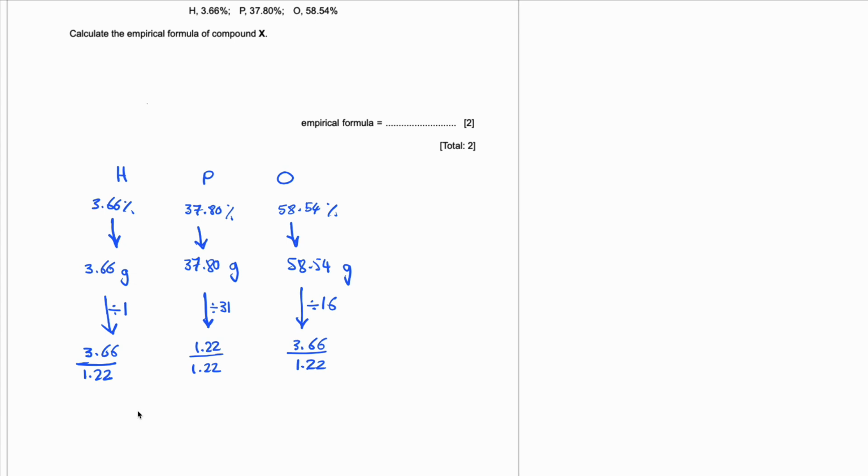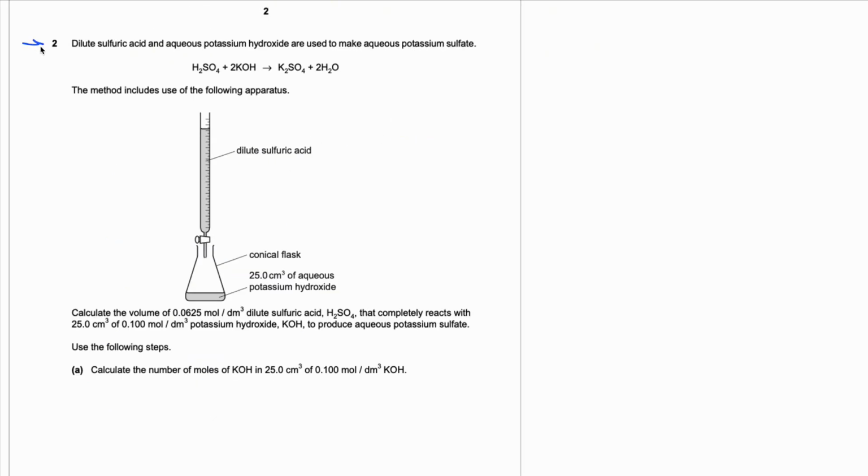So now the ratio is going to be for hydrogen 3, phosphorus 1, oxygen 3. So that's the ratio between the 3 elements. So the formula is going to be H3P1O3.